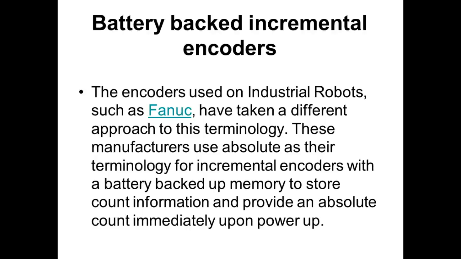Most people have a maintenance schedule where they go out and change those batteries out. You don't want to turn the robot off when you change the battery, because if you turn the robot or the controller off and pull the batteries out, you've lost your origin. The robot would be down for a while while you re-origin.